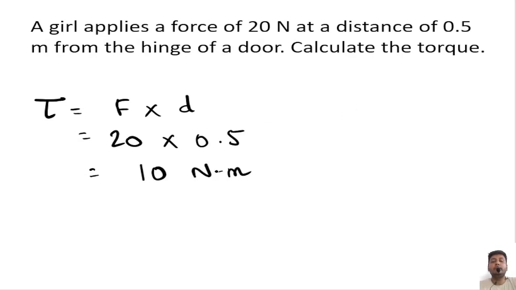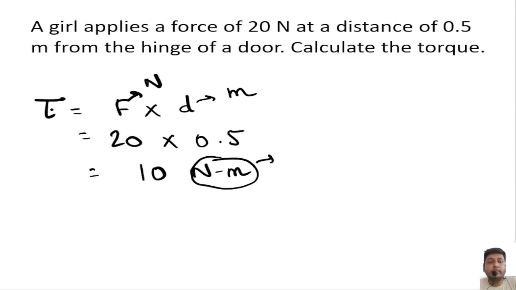How does this Newton meter come? We know that the unit of force is Newton and the unit of distance is meter. So the unit of torque becomes Newton meter. And in case you wonder what this symbol means, this symbol is tau.